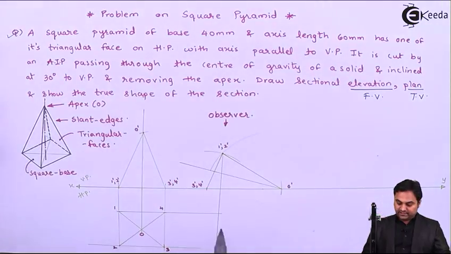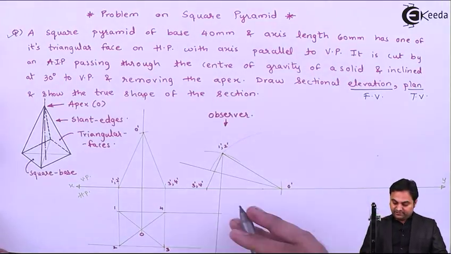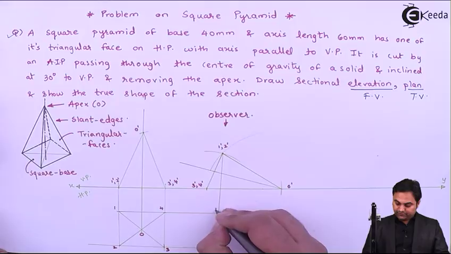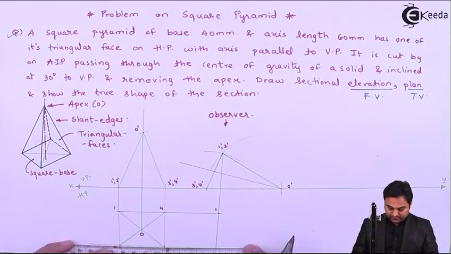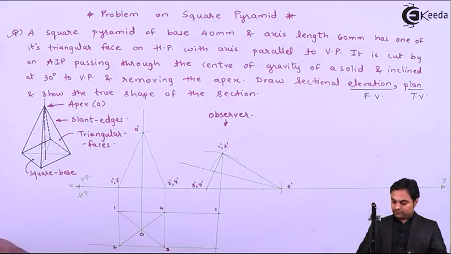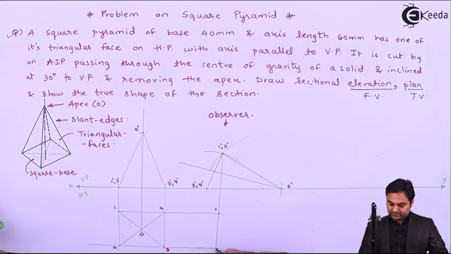So point 1 dash and 1 where they will intersect, that will give me the first point. For 2 dash, and here there is point 2 where they intersect, that is the second point.